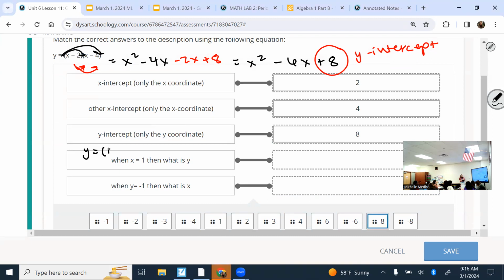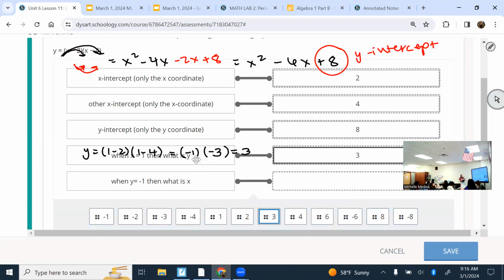So when I plug in 1, it's 1 minus 2 and 1 minus 4. 1 minus 2 is -1, and then 1 minus 4 is -3. And when I multiply these, what's -1 times -3? A positive 3. So that's what you do.